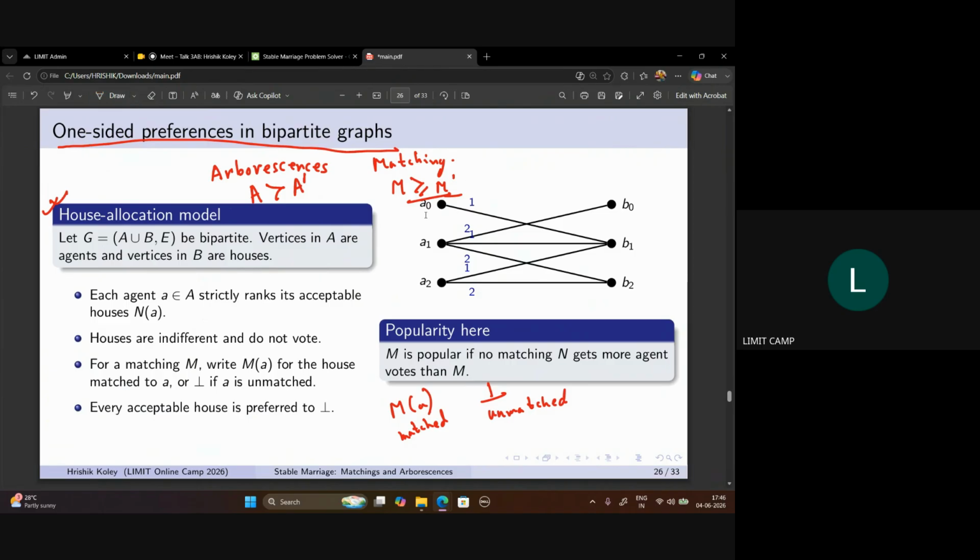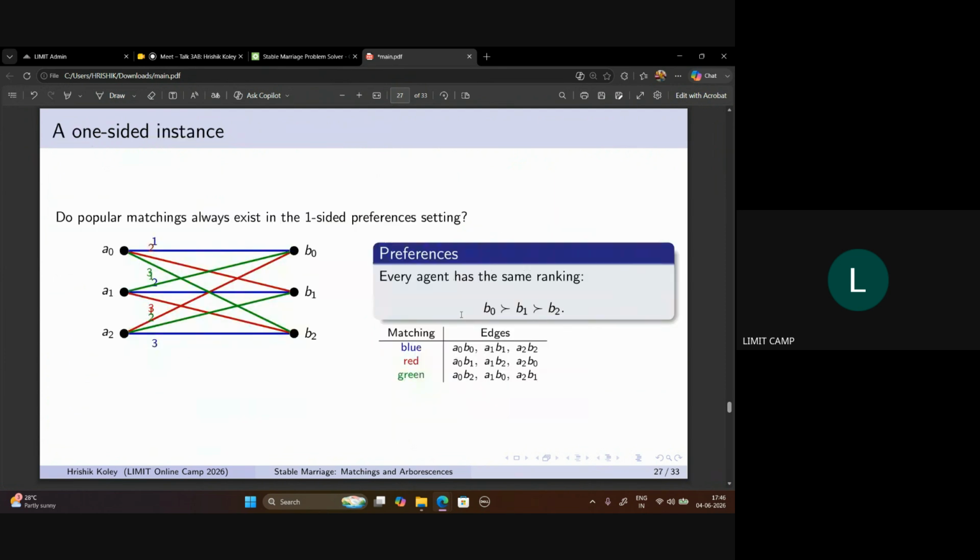So now, let's say each of these agents has a preference, say like this. The preference here is a bit jumbled up, maybe you can use this chart below.